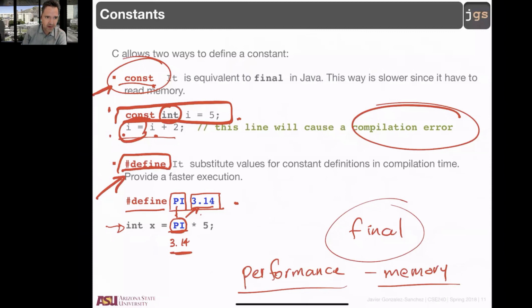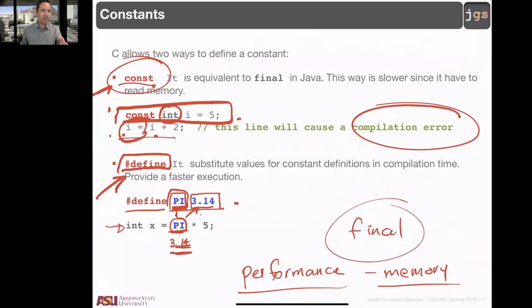With define, you never have that space in the memory, because what is happening is in compilation time, I am replacing this name for this number. So pi is not a variable. It's just a label for something that in compilation time is going to change.